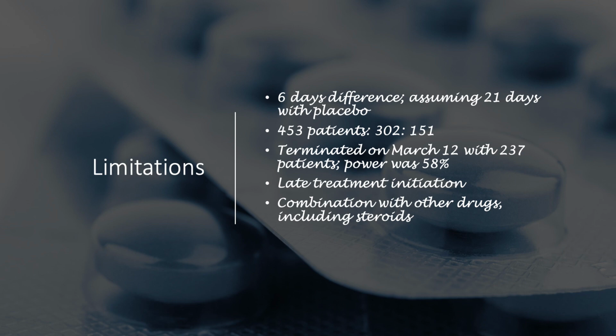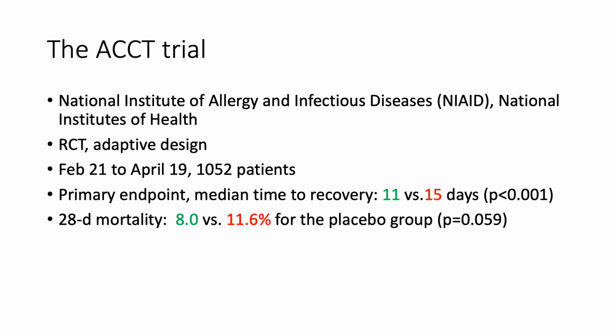It's against this background that you have the ACCT trial, which was a large study conducted by the National Institute of Allergy and Infectious Diseases in the US under the National Institute of Health.